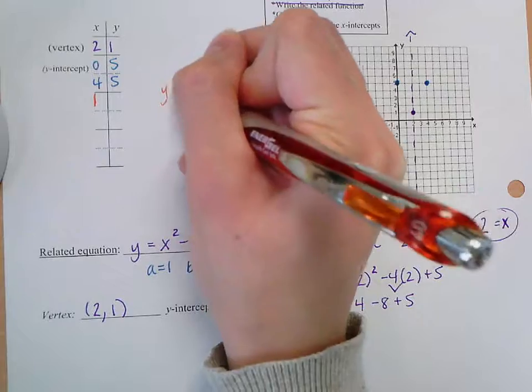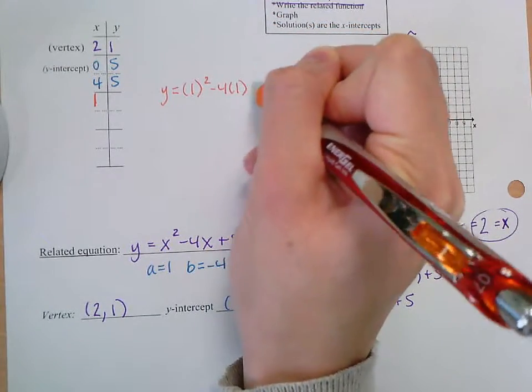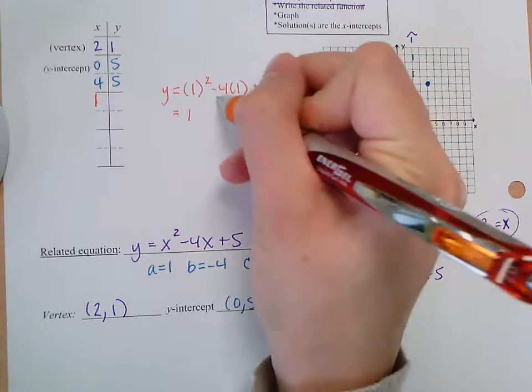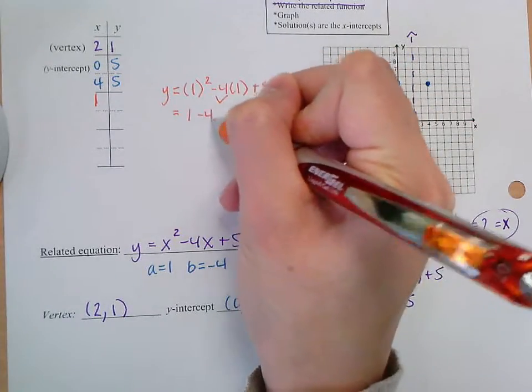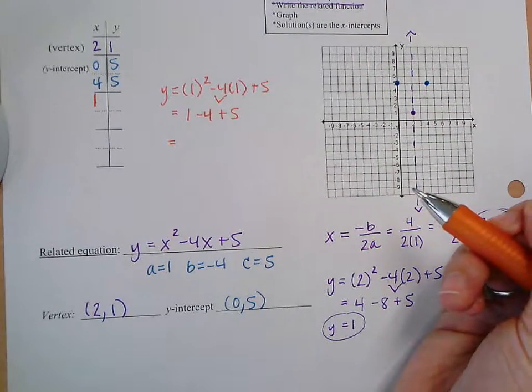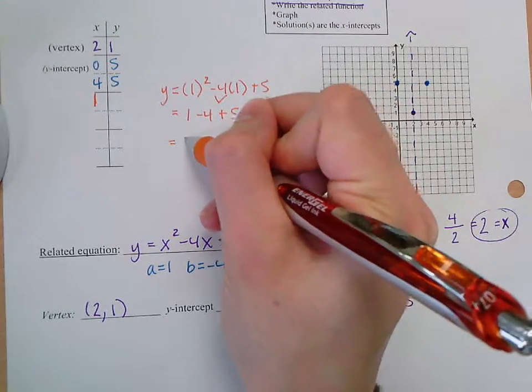Okay, so if I plug in 1, I'd have y equals 1 squared minus 4 times 1 plus 5. So 1 squared again is 1, minus 4 times 1 is minus 4, plus 5. So that would give me a y value of -3 plus 5, so 2.